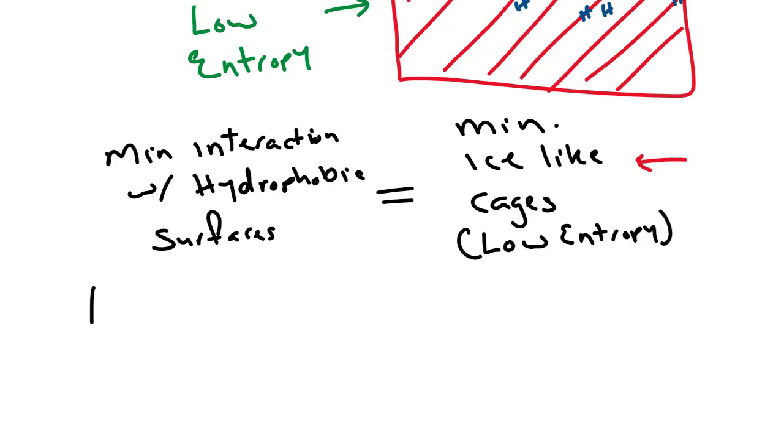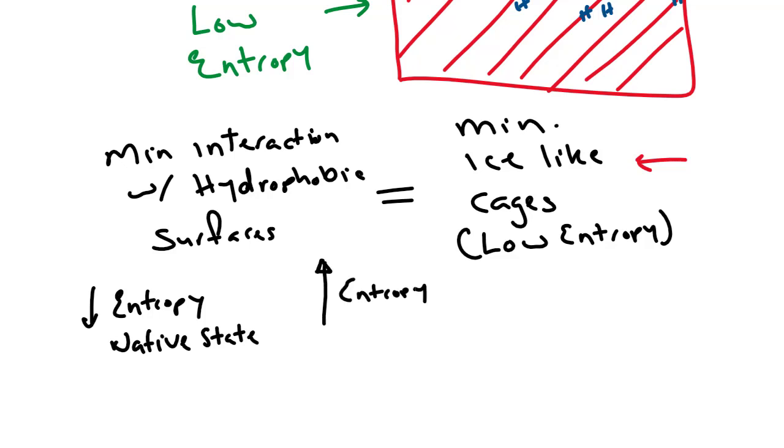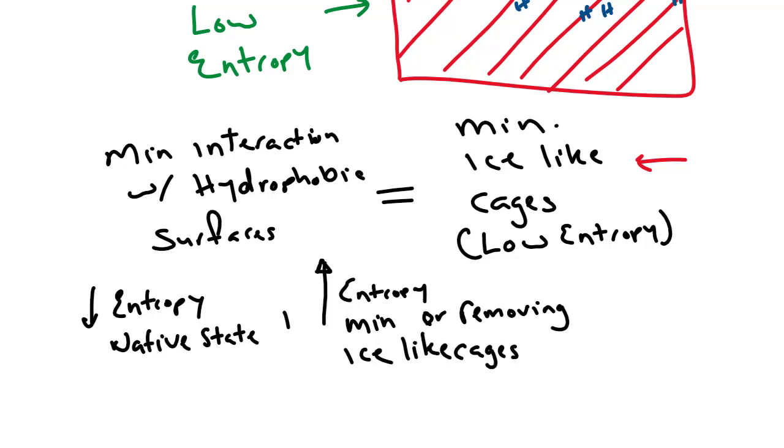So you have decreased entropy when the protein gets its native state, but you've also increased entropy more, so bigger arrow, by minimizing or removing ice-like cages. So overall, you have increased entropy.